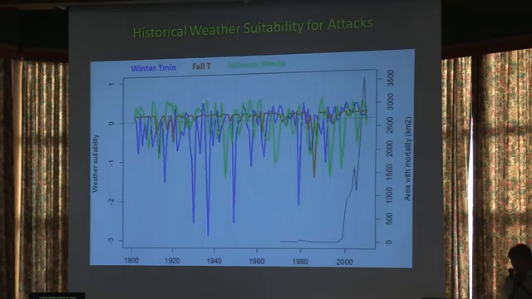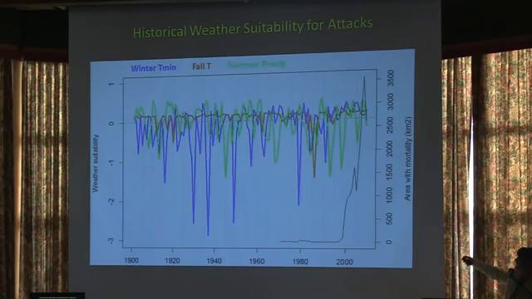And this is summer precipitation, and this one is a lot more variable. At this point in time, when winter temperatures got suitable, there was no drought stress. It was very wet. But then there was a period with some drought at the beginning of the outbreak, maybe contributing, maybe not.